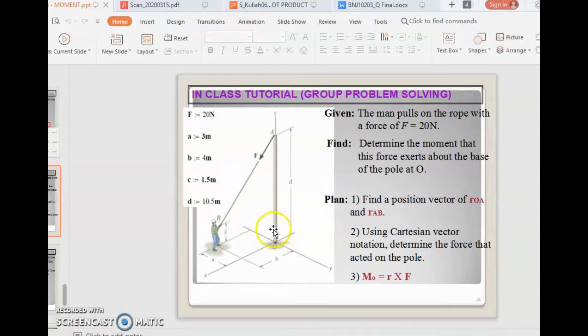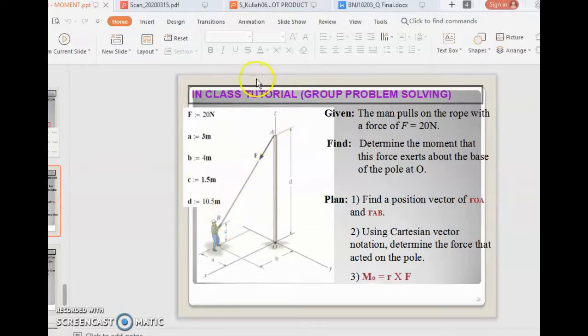The moment uses the cross product operation, R cross F. So you need to find the vector of R and the vector of F. This time the F is not simply directly a load attached to the R, but it has a string or cable here. So there is work that needs to be done before you perform the cross product operation: first you need to find the Cartesian vector of the F.